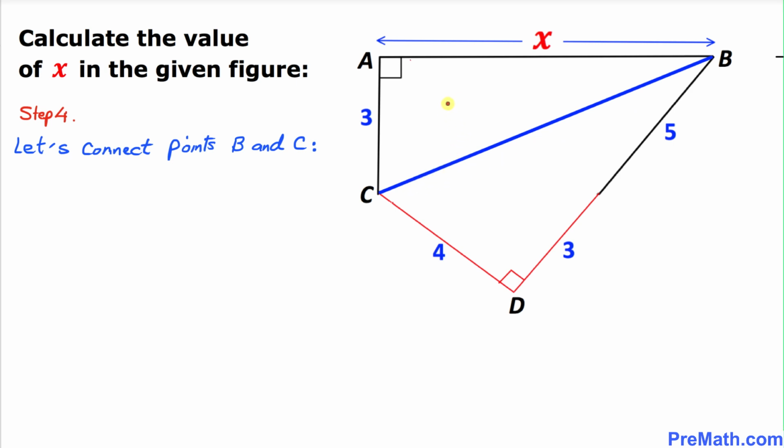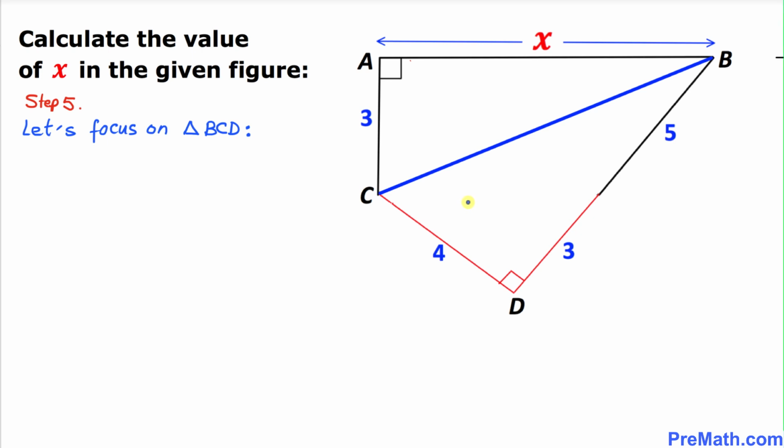And moreover, we got two right triangles. One of them is this one because this is a right angle, and this is another triangle because we got this right angle as well. And here is our next step. Let's focus on this lower right triangle BCD.